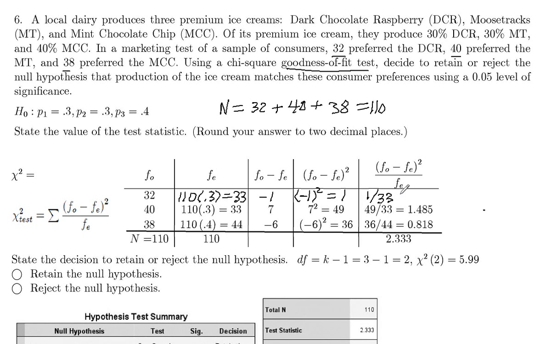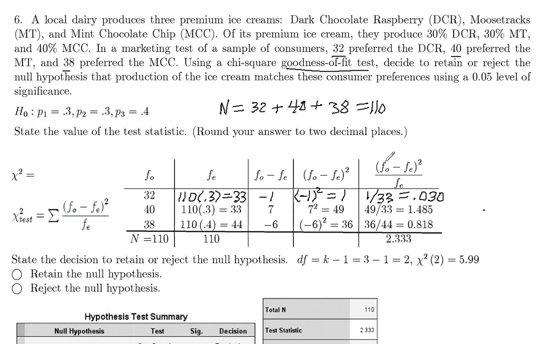If you round that to 2 decimal places on the calculator, that's 0.03. Actually, to 3 decimal places, it's 0.030. And then do the same for the others. Take the 49, divide it by the expected column 33, 49 divided by 33 is 1.485, and then 36 divided by 44, the expected column, is 0.818.